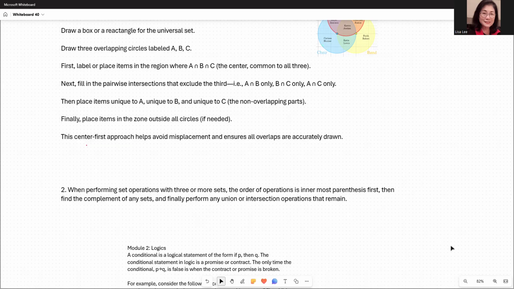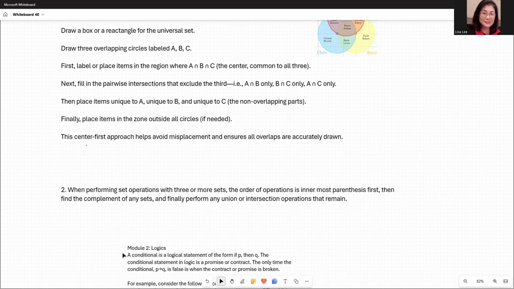So try to follow this order, okay? You should be able to complete a Venn diagram with 2 sets or 3 sets, which will help you analyze the data we have and also help us make decisions.